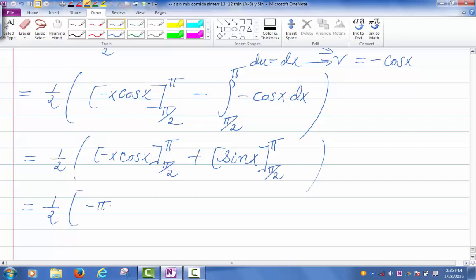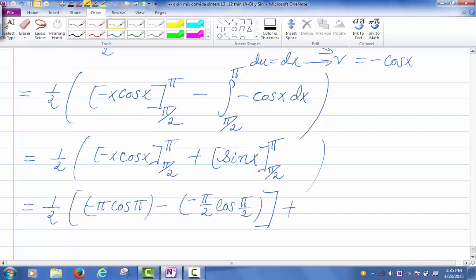Negative pi cosine pi. That's what I get when I plug in pi. Minus, I now need to plug in pi over 2. So minus pi over 2 cosine pi over 2. That's what I get. You agree?